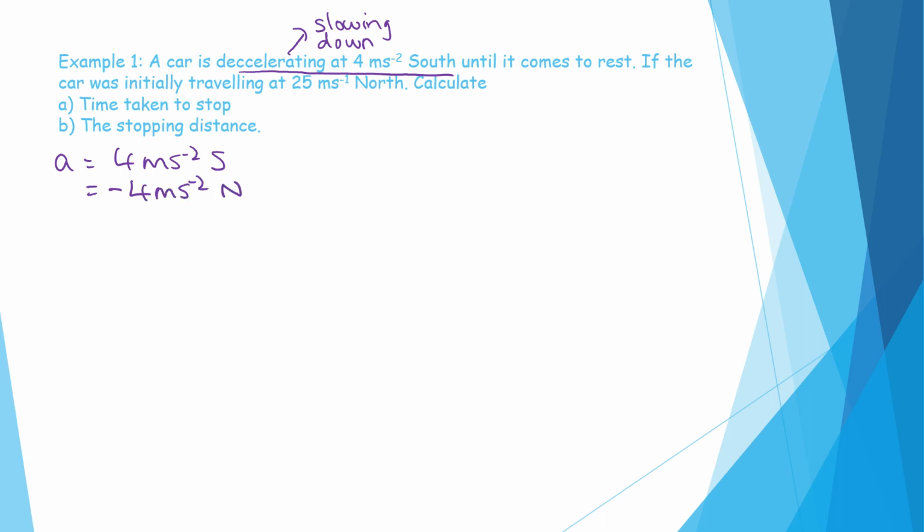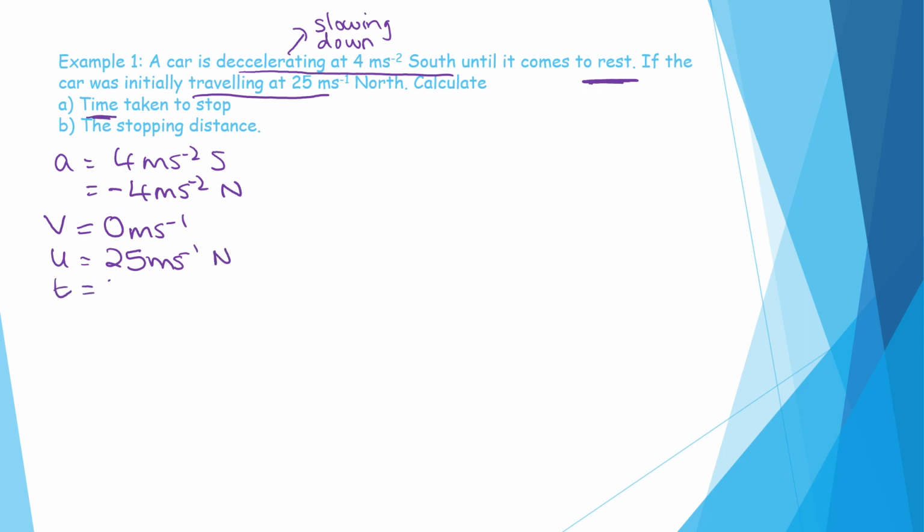Remember, we need them in the same dimension until it comes to rest. So the final velocity is 0 meters per second. If the car was initially traveling at 25 meters per second north, calculate the time taken.